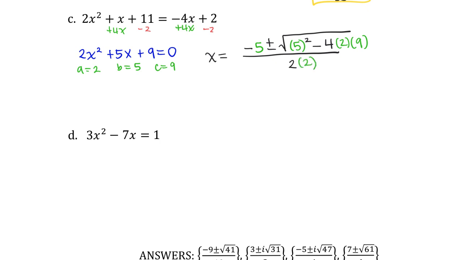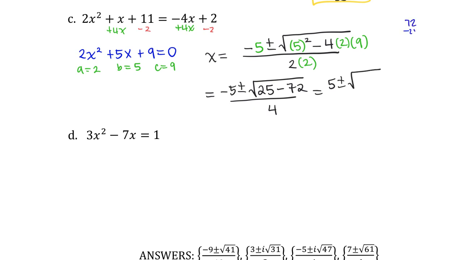And then let me go ahead and simplify that. 5 squared is 25, minus 4 times 2 is 8, times 9 is 72, all over 4. So 5 plus or minus 25 minus 72. What is 25 minus 72?